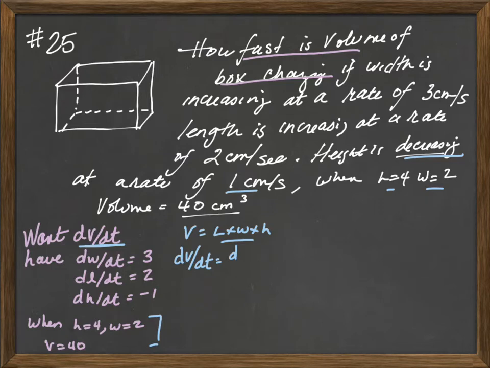So we take the derivative of the first. That's dl/dt. I'm just checking my clock. I've got to watch what I'm doing.